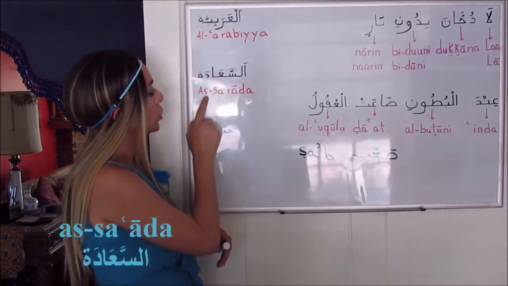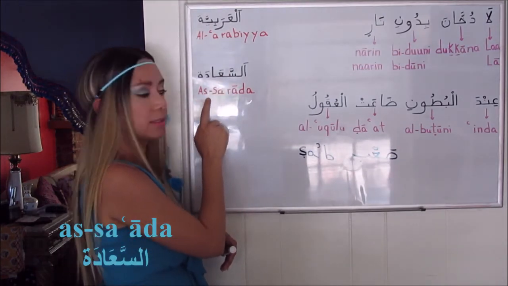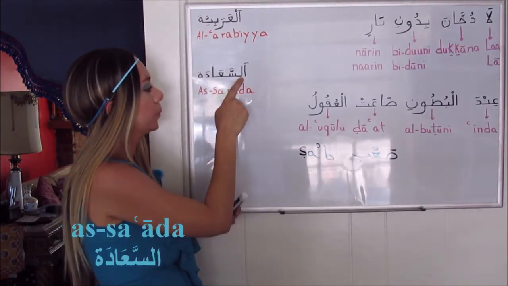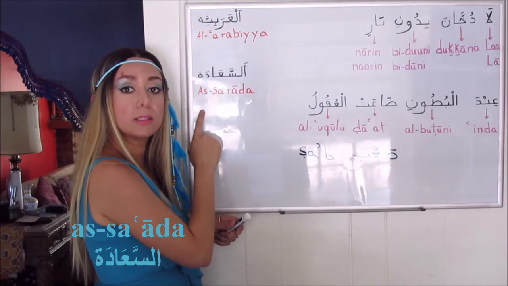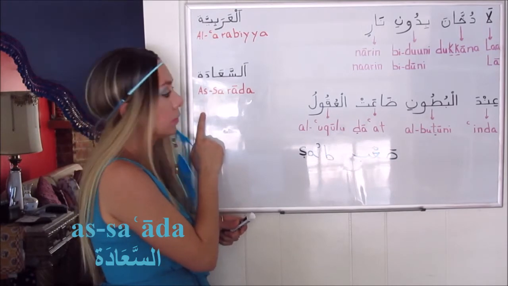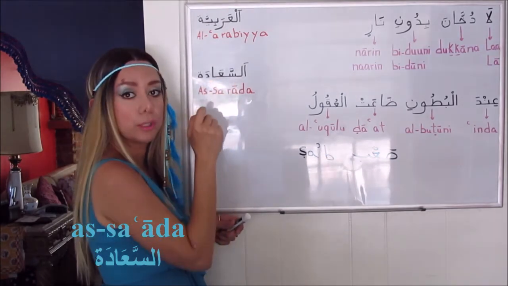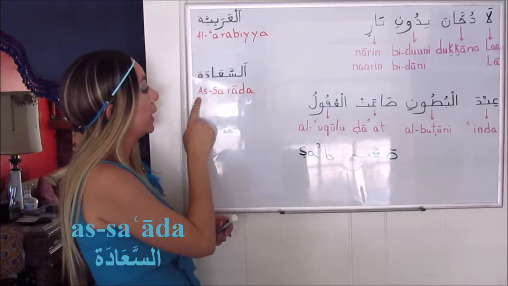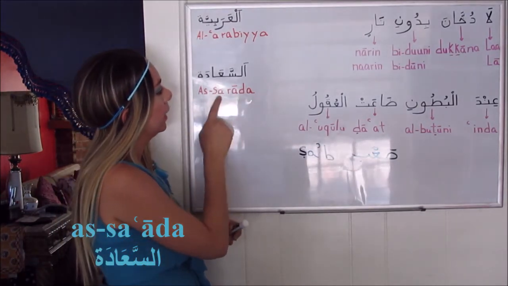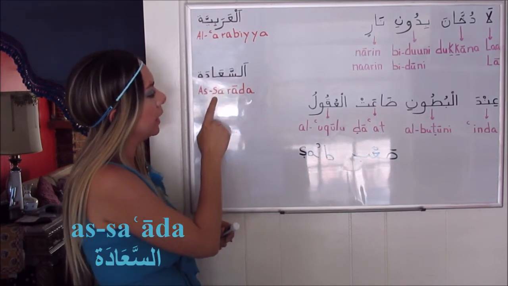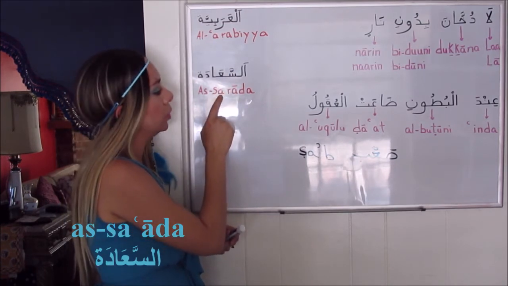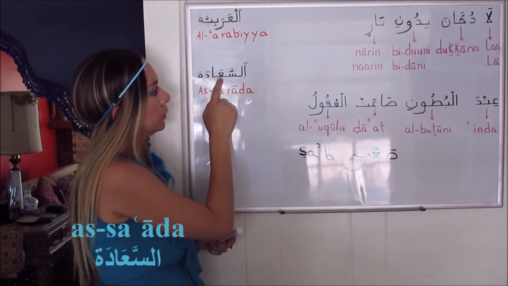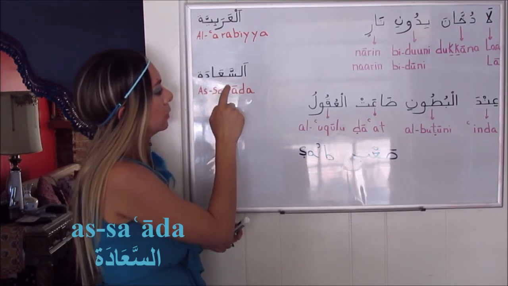So instead of the lam, we write the S, like if the S replaced the lam. As-sa'ada. And then we have the other S, the A for fatha.